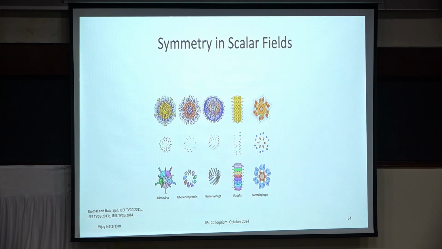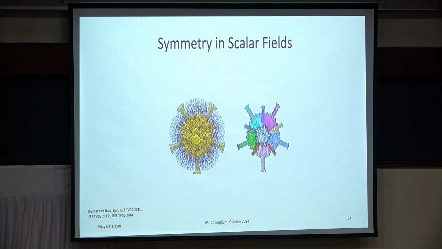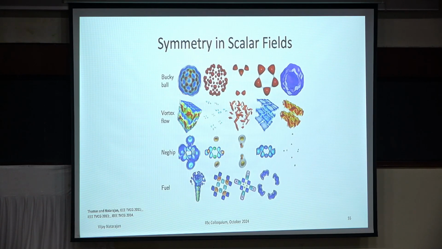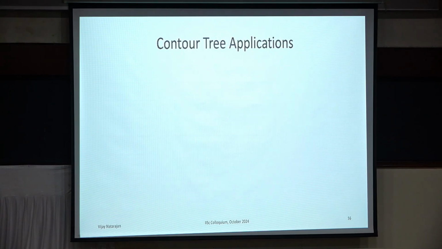It also allows for computing symmetric structures within scalar fields, such as what we saw in the first couple of slides for this human adenovirus. It also allows us to find symmetric regions or symmetric structures in scalar fields from different applications, from the buckyball structure to data from flow simulations and so on.